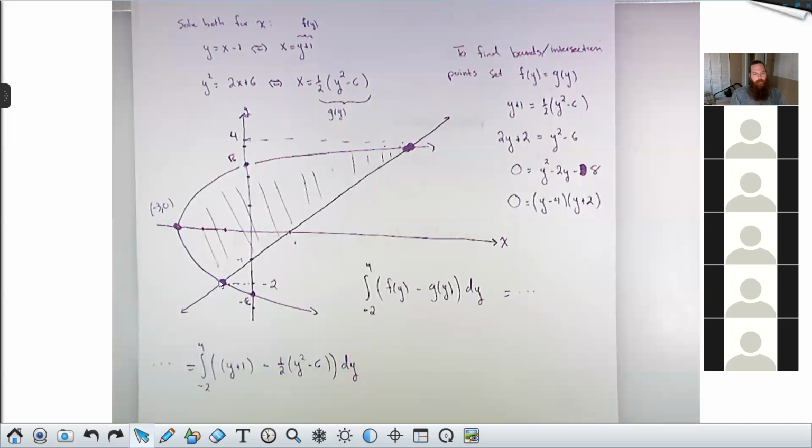I take the y value here for my lower bound and the y value here for my upper bound. Ask yourself, what's the smallest y value anywhere in this region? Oh, it's right down here. Okay, that's going to be my lower bound. And what's the largest y value anywhere in this region? It's up here. I don't actually care about x values because I'm doing everything with respect to y. Okay. It's a good question though.